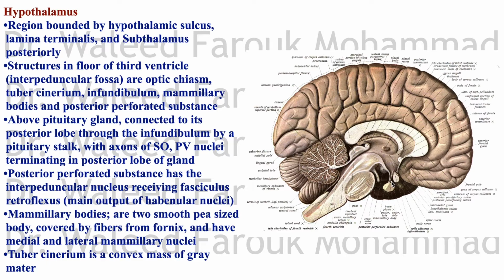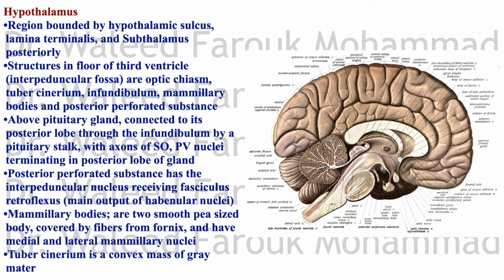The supraoptic and paraventricular nuclei are responsible for the formation of antidiuretic hormone and oxytocin. They are formed in the hypothalamus and released from the posterior pituitary, as we studied before. The posterior perforated substance has the interpeduncular nucleus receiving the fasciculus retroflexus.